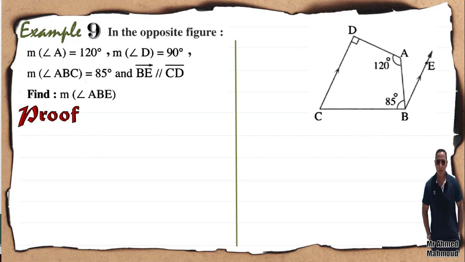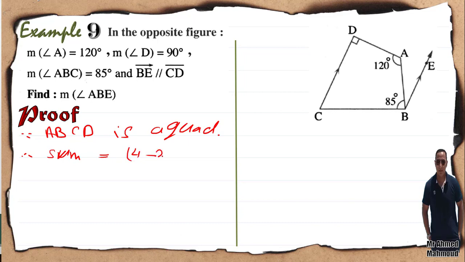Since ABCD is a quadrilateral, therefore the sum of interior angles equals 4 minus 2, which is 2 times 180.